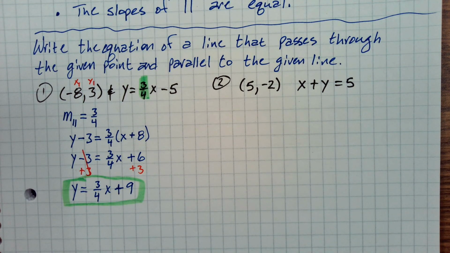So it has to go through 5, negative 2, and it has to be parallel to this linear equation.